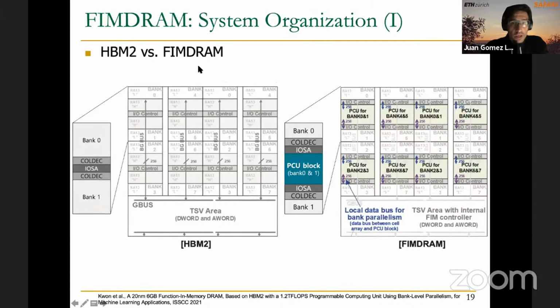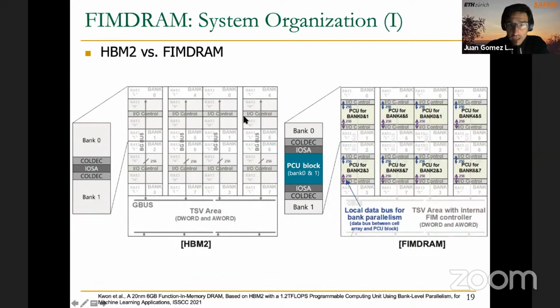Then in this slide, we go closer to each of the different banks. This is a conventional HBM2 memory, and here we have FIM. The goal of this slide is just to compare the two designs. Essentially the layout is the same.